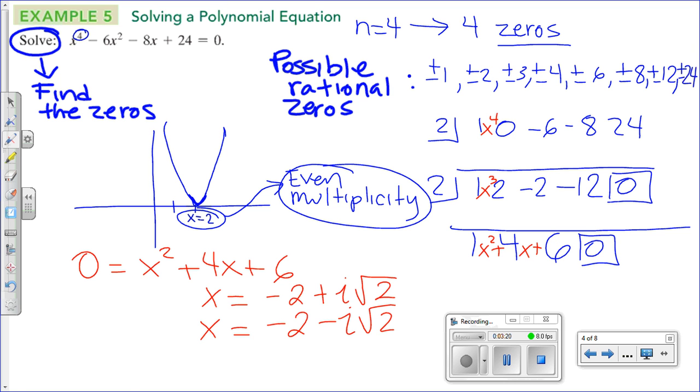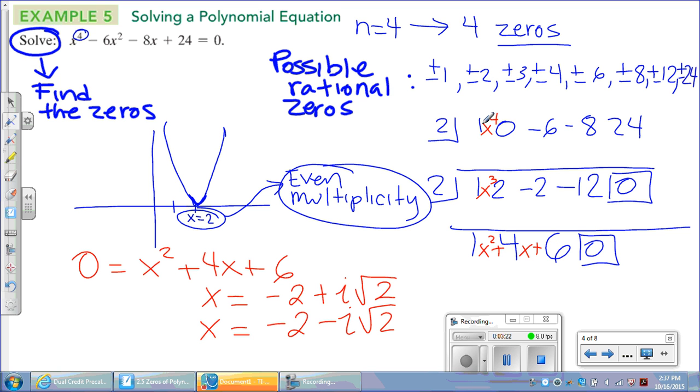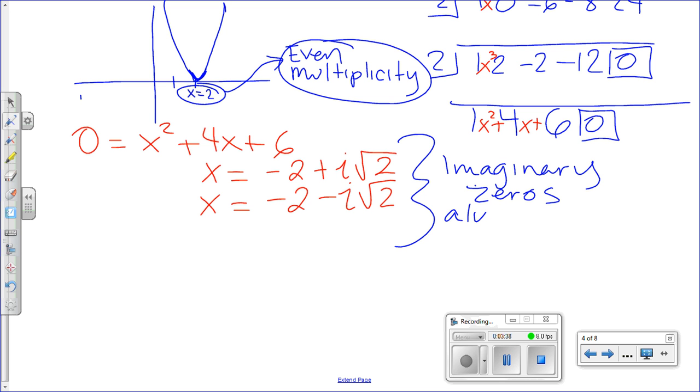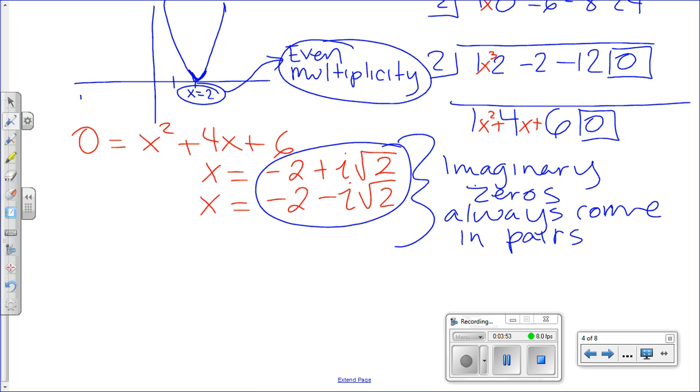And I'm not sure if I did mention this in class, but anytime you have imaginary zeros, they will always come in pairs, just like irrational zeros will. So more specifically, these 2 zeros are complex conjugates.